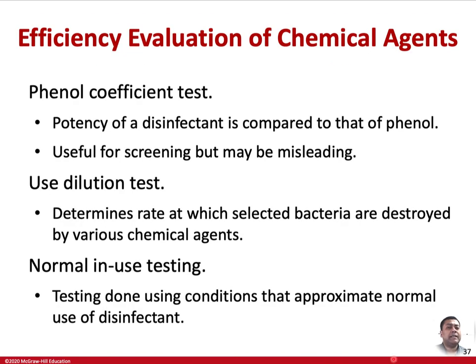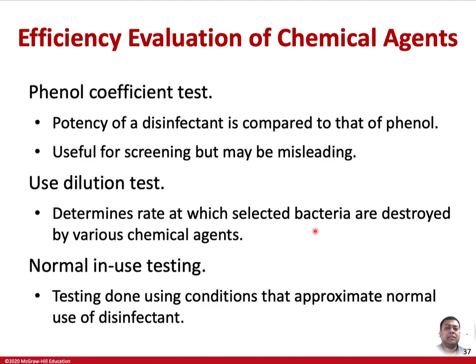So how do you know that you have an effective chemical agent? One way is what is called a phenol coefficient test. This compares the potency of a disinfectant to phenol. It is useful for screening, but it could be misleading. Let's take a look at how you do this test. A series of dilutions of phenol and the disinfectant being tested are prepared.